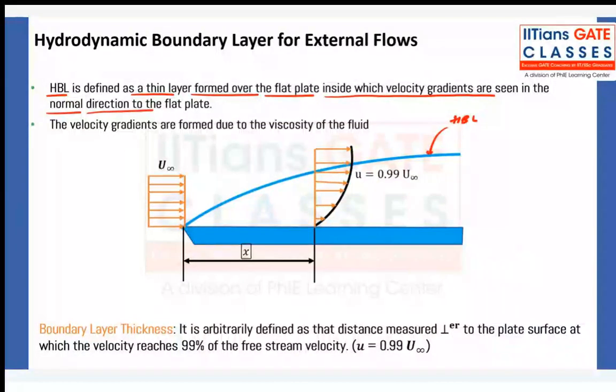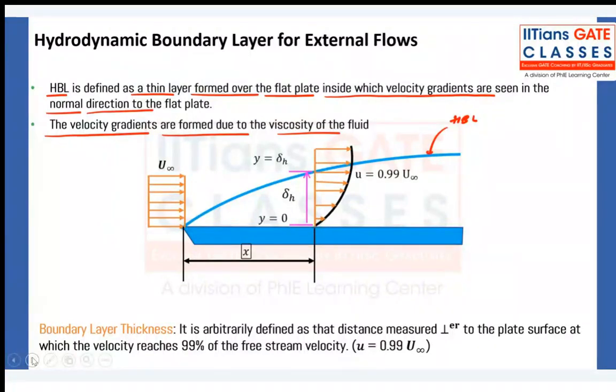The velocity gradients are formed due to viscosity of the fluid. The thickness from u equal to 0 to u equal to 99% of u infinity is called the boundary layer thickness.